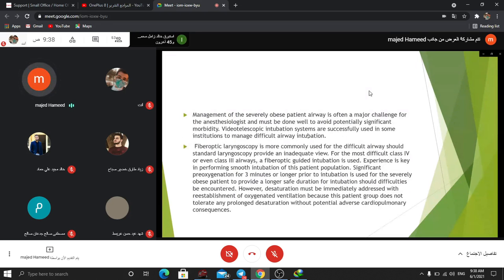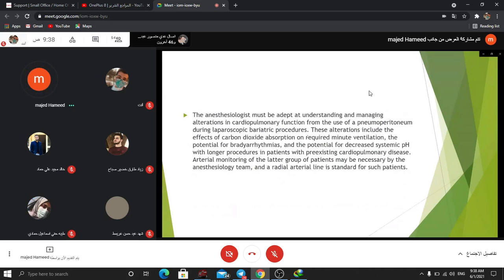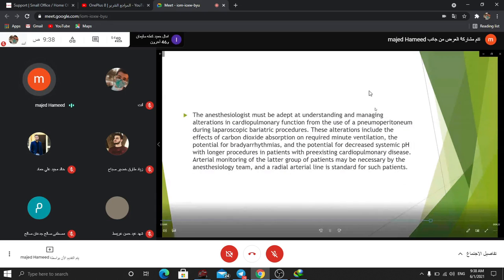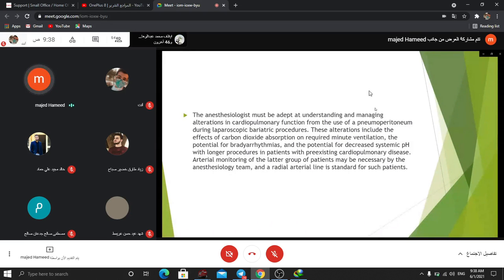Management of the severely obese patient's airway is often a major challenge and must be done well to avoid potentially significant morbidity. The anesthesiologist must be adept at understanding and managing alterations in cardiopulmonary function from the use of pneumoperitoneum during laparoscopic bariatric procedures.